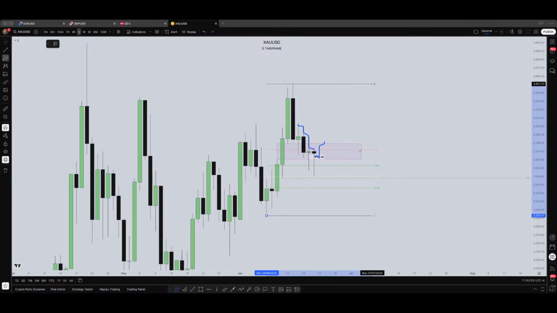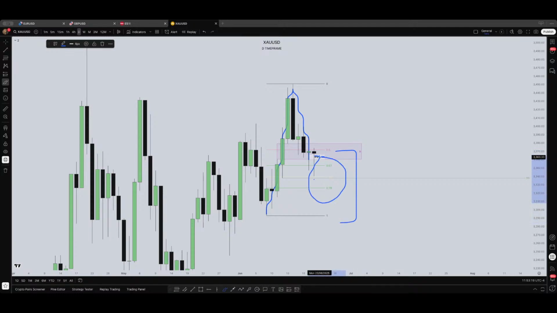You can see price in gold already retraced very perfectly to the midpoint of the optimal trade entry. As you know, the theory is like this: after a huge movement you expect a retracement, in this case to the discount area, where you're expecting price will be taking long positions.